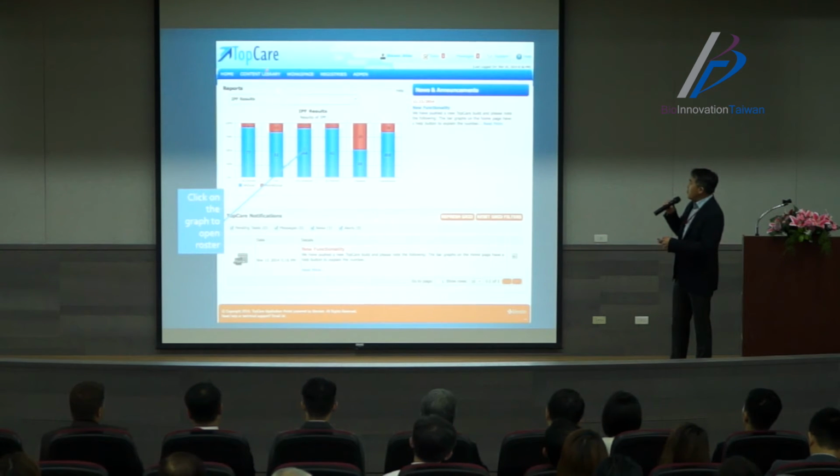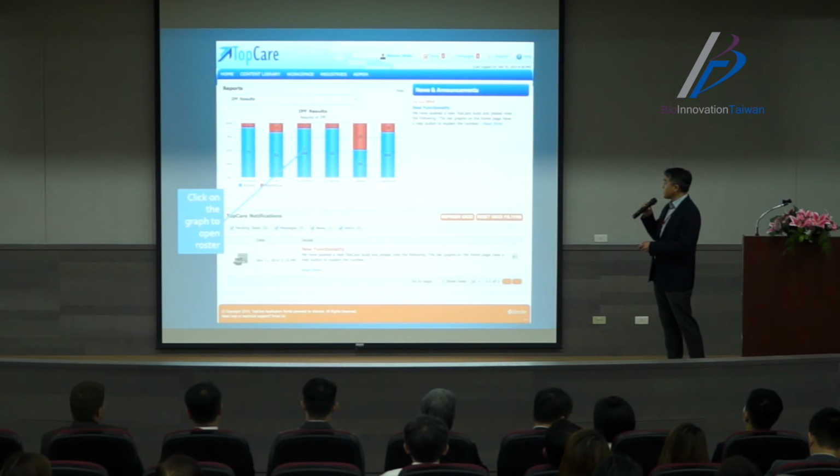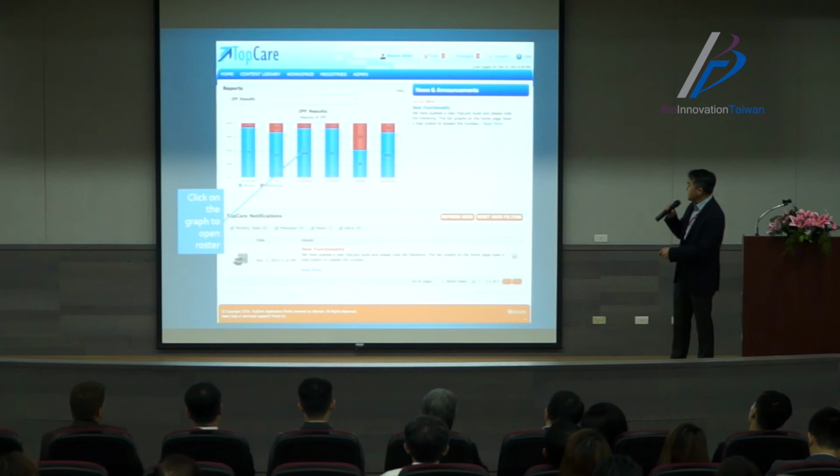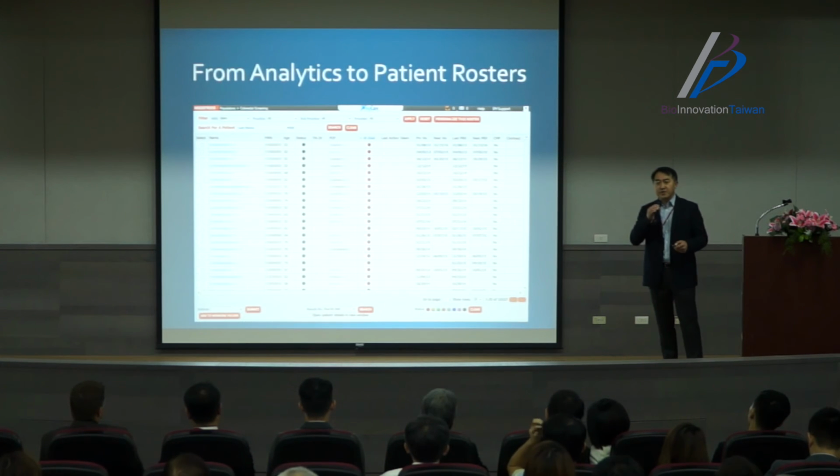So when we looked at using Top Care for this, we really wanted to create rosters for these patients so that you could see which population you're dealing with. So you could see a graph and just click on a population, and then the population was determined through different analytics. So for colon cancer screening, it's pretty straightforward.